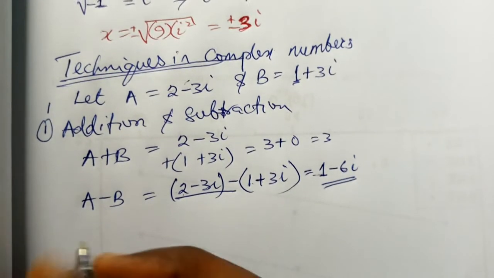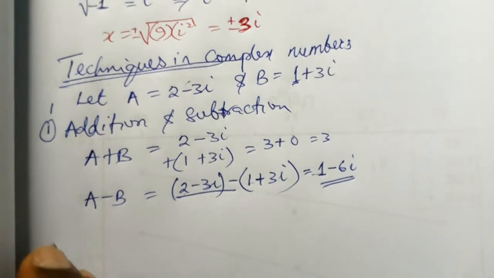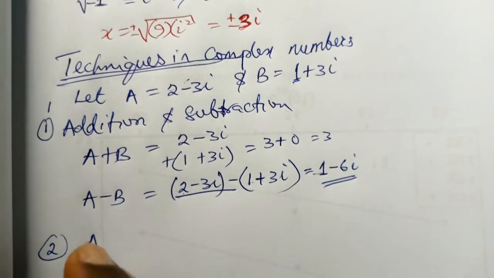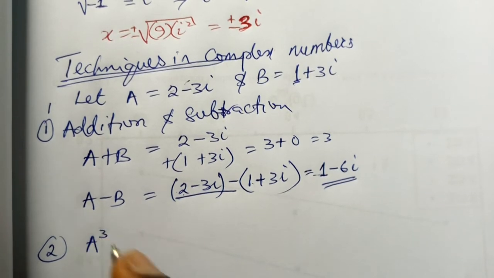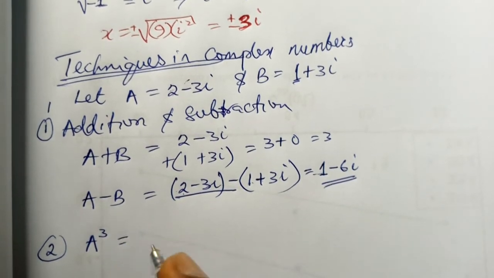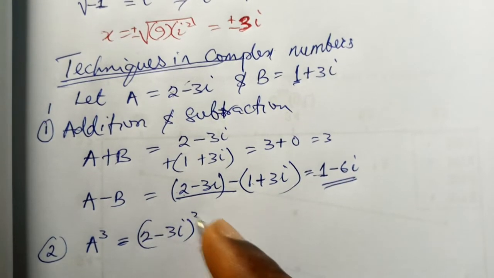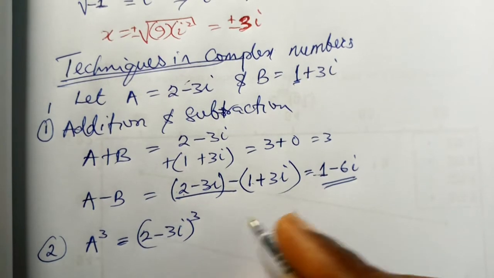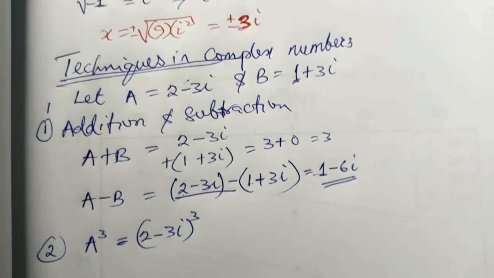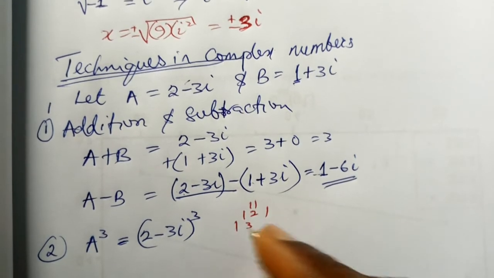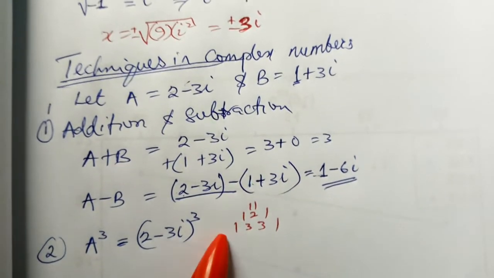Okay, let us quickly look into another type of problem. Let us say we want to do a cubed. A cubed is just 2 minus 3i cubed. We can use Pascal's triangle. Remember in our video on Pascal's triangle, 1 1, 1 2 1, 1 3 3 1. So it's the third one.